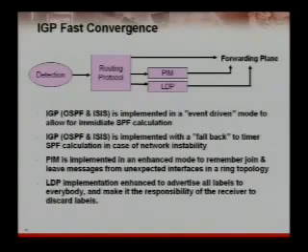So it basically means that the IGP protocol is implementing an event-driven model, right? So if something happens, the SPF calculation can take effect immediately. But if there's a lot of turbulence in the network, they back off and go into a timer mode and so on.